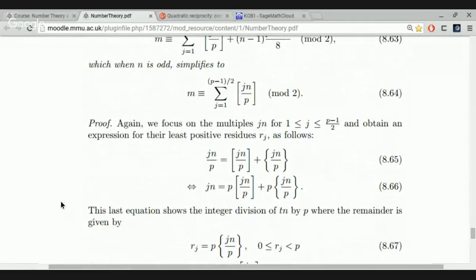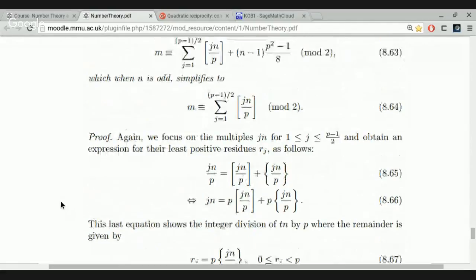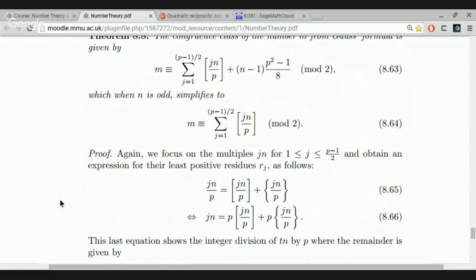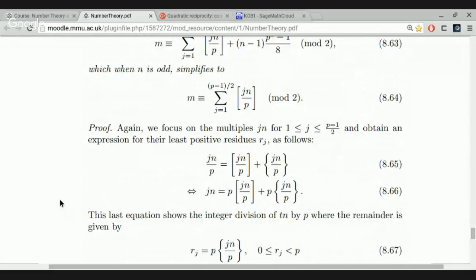Okay, so this is very much a proof where we kind of just aim for the given formula. So we examine this quantity j times n over p, which is appearing here.